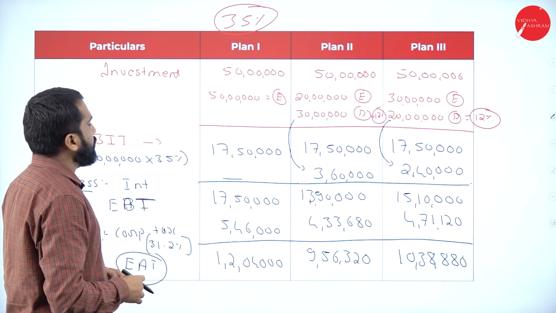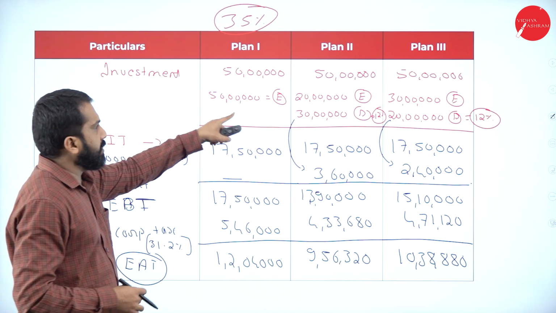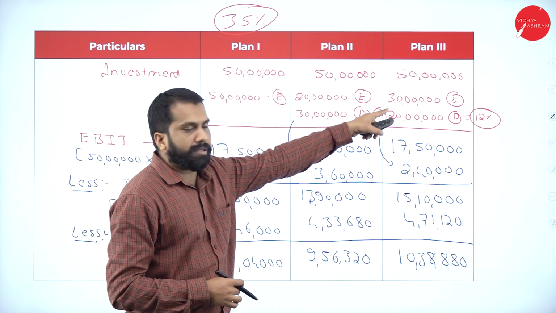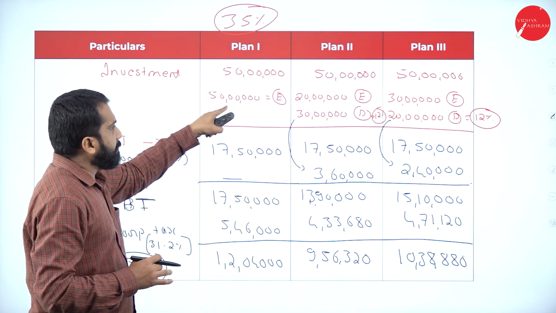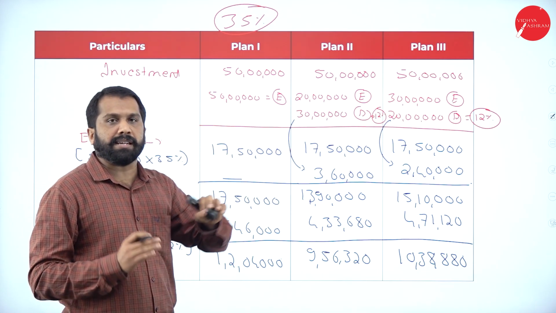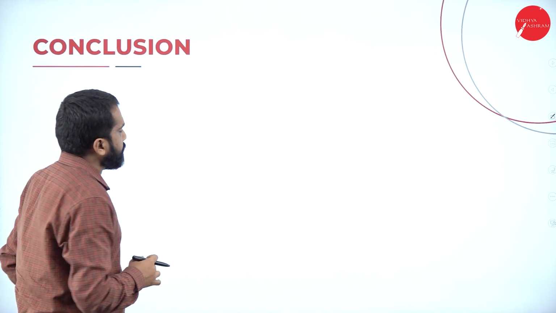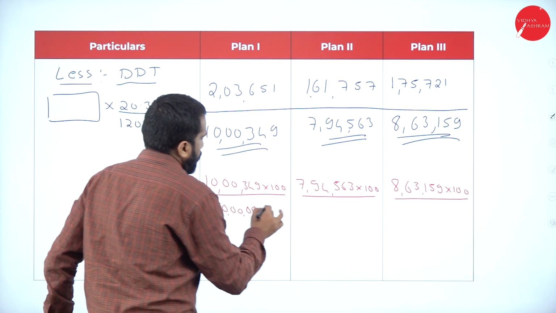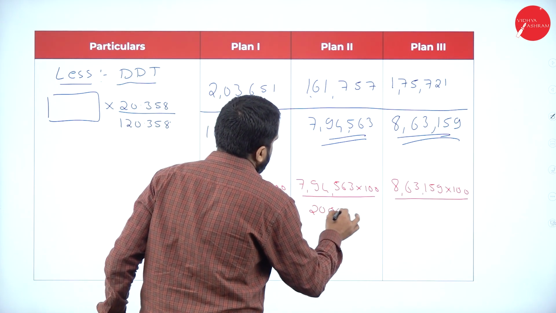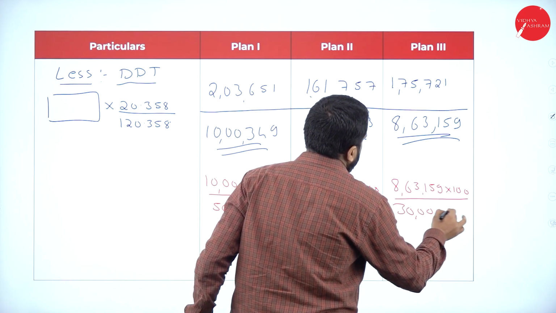Now, in this, what is the equity share value? First one, 50 lakh, 20 lakh, 30 lakh. Only you are supposed to take equity value, similar to your last problem itself. 50 lakh, 20 lakh, and the last one is 30 lakh.